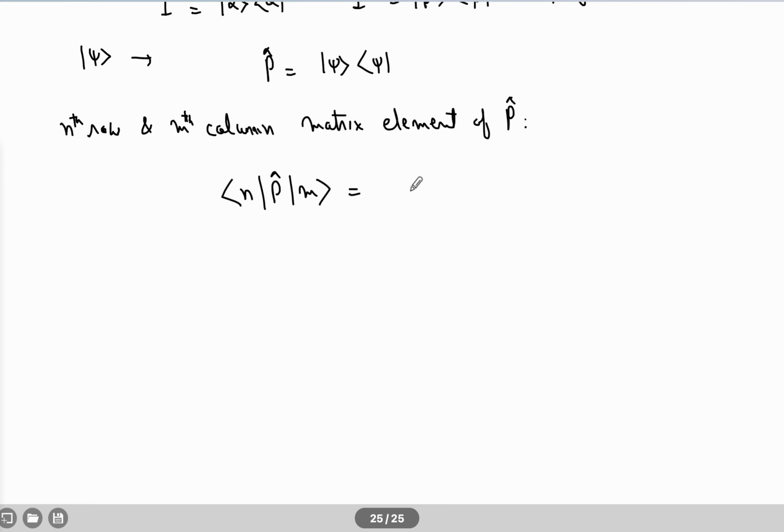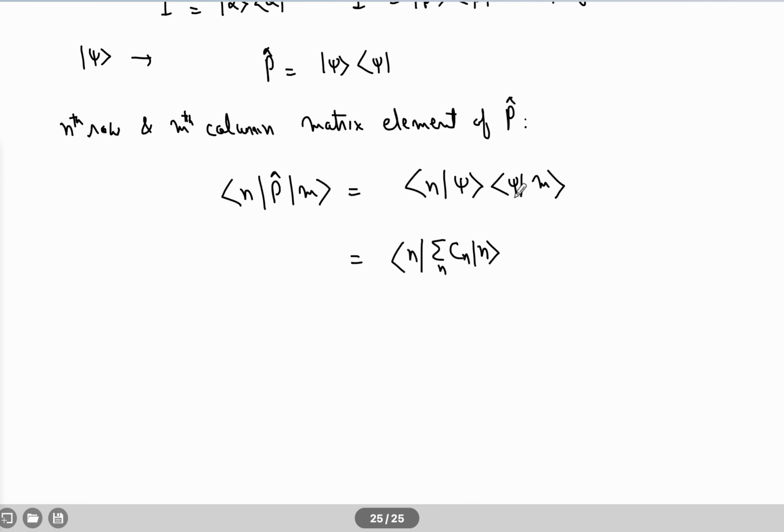This is equal to, now put in the value of P as ket psi and bra psi. So what you will get is n ket psi, bra psi and m, right? Okay, now put in the values of psi here. So again, if I'm writing ket psi, I will expand it in the coefficients of n. So summation n Cn ket n, and I have bra n over here.